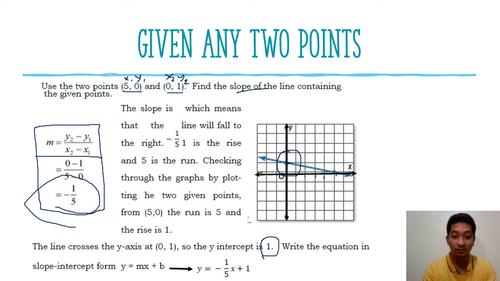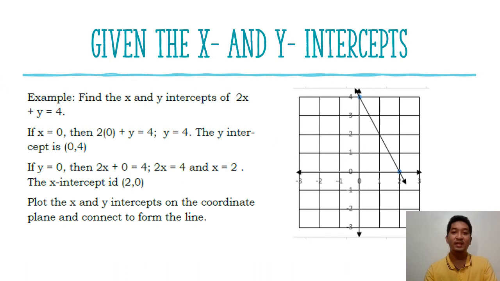Ito po yun. At yun yung 0, 1, or simply 1. So, that's your y-intercept. So, using the formula y equals mx plus b, you can write y equals negative 1/5 x plus 1. Okay, yun yung ating slope.